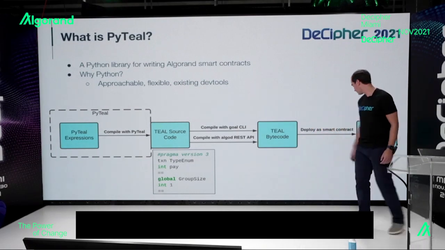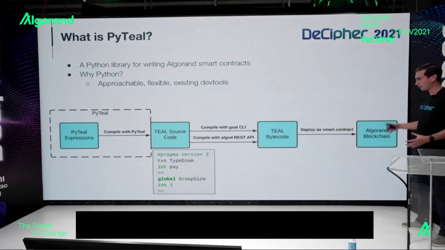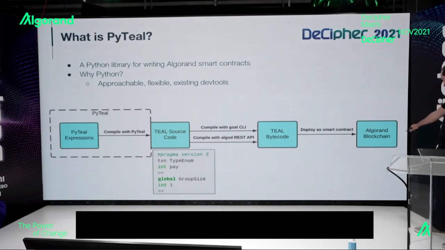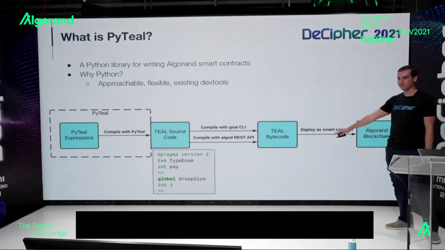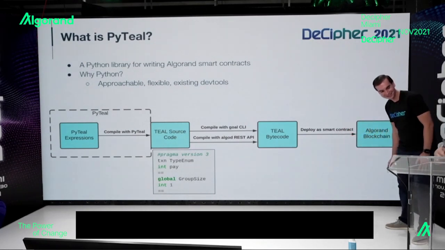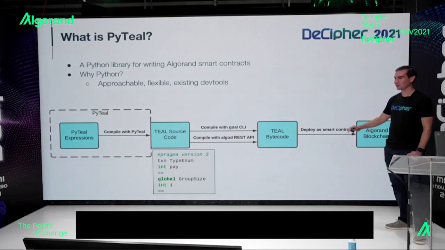I've got a graphic here to show you how PyTeal fits into the flow when you're developing smart contracts. I'll start by explaining this end over here. This is the Algorand blockchain. This is where we run the smart contracts. And to get to that step, you need to have Teal bytecode. This is binary code. You don't want to write this.